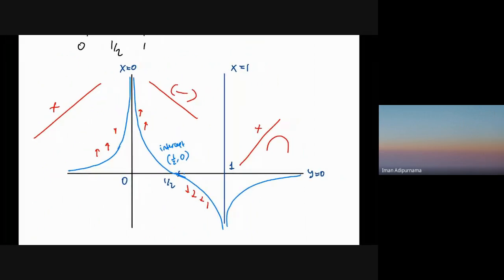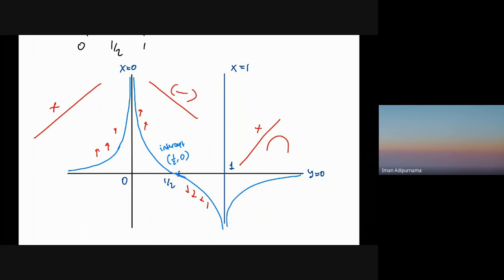So by looking at this graph, first you know the domain, and from that domain you may find there will be a vertical asymptote, and you can check also the horizontal asymptote. You can make this asymptote as your first base of the graph.